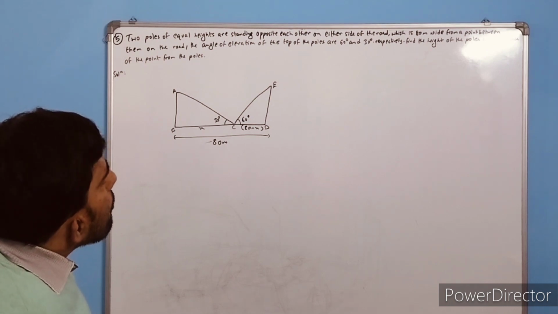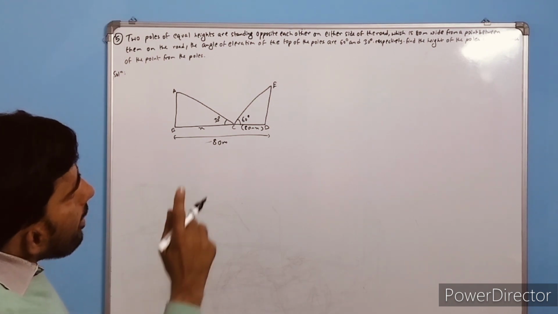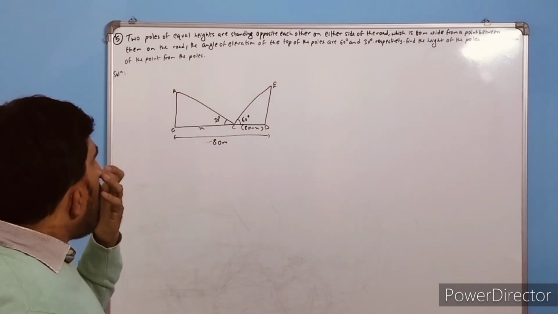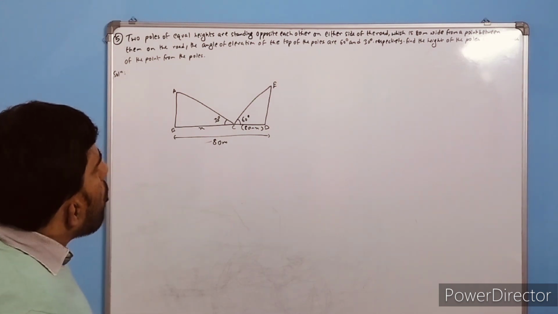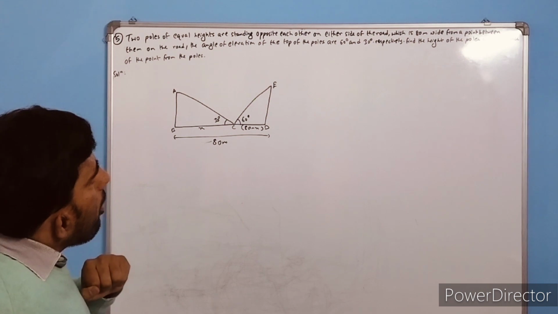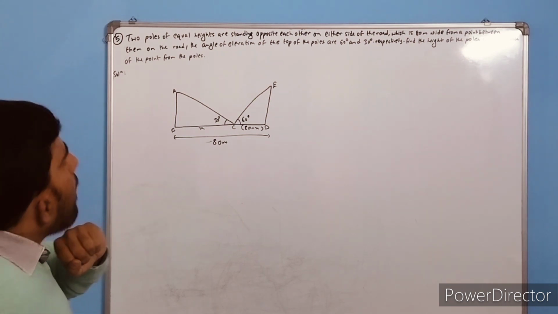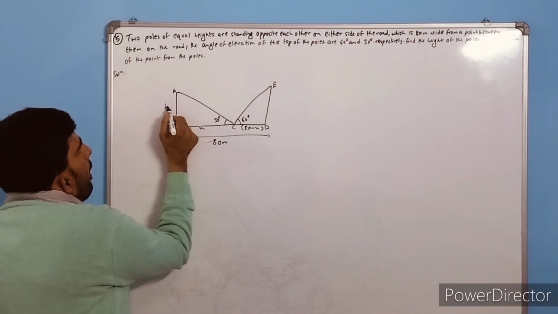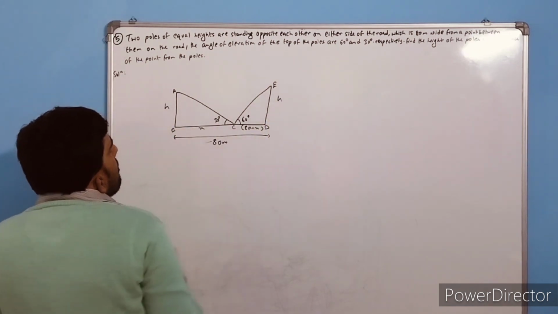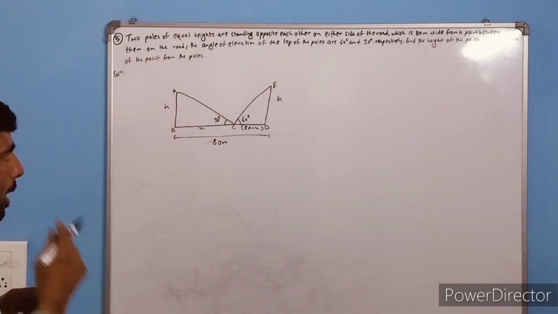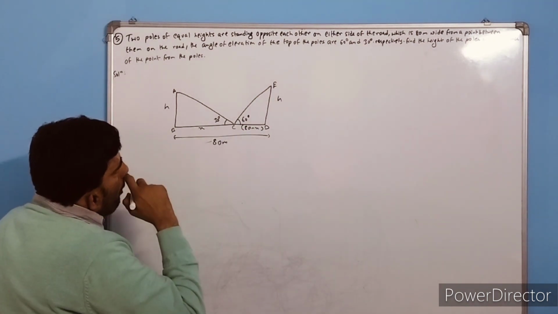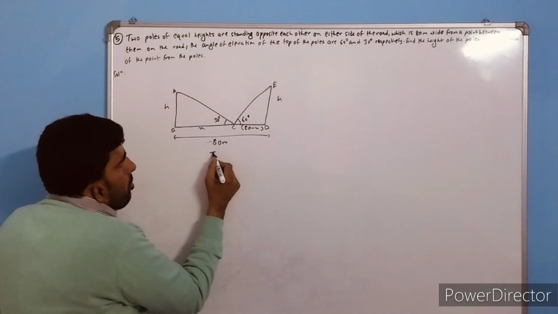It is given that the road is 80 meter wide, and from a point between them on the road the angles of elevation of the tops of the poles are 60 and 30 degree. We need to find the height of the poles and one more thing, the distance of the point from the poles. So let us try it.